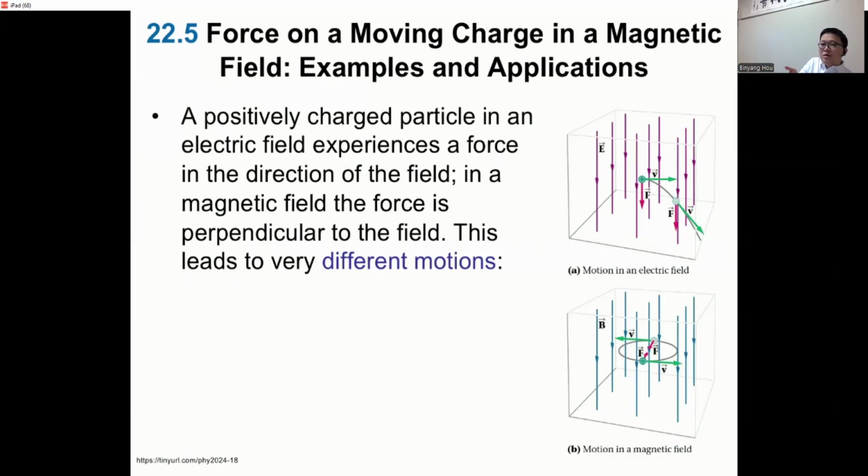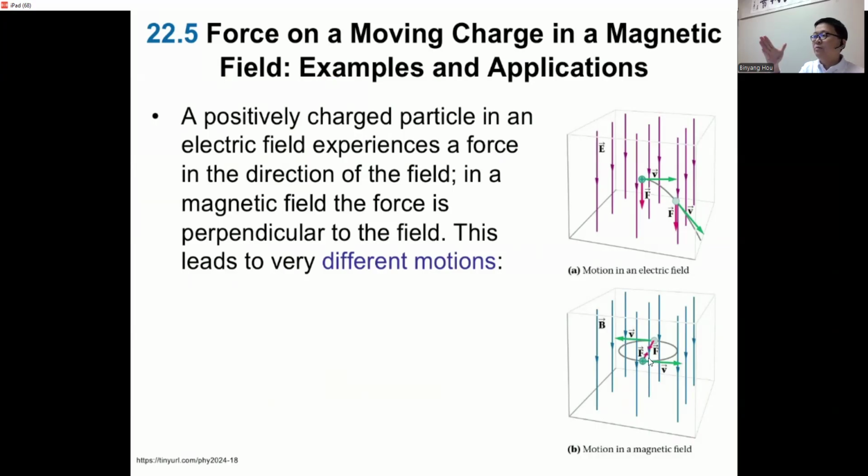It's a little bit awkward, but like this way. So your palm is facing inward if we are starting at this location. So this force is perpendicular to the velocity.